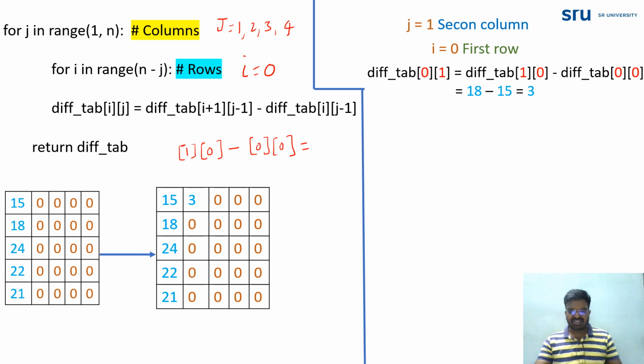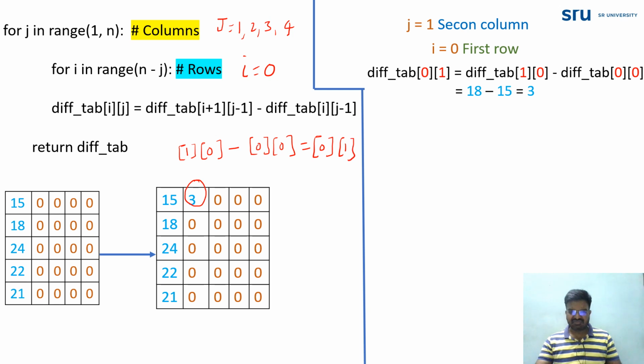Now you have to save this value in the first row, second column. You can see we are saving the value 3 in the first row, second column. First row, second column means the index is 0, 1.